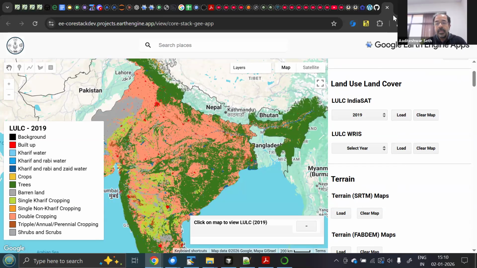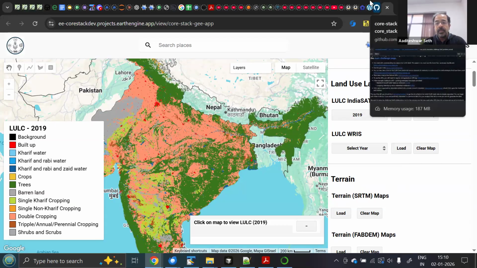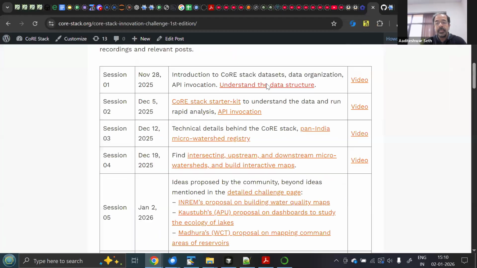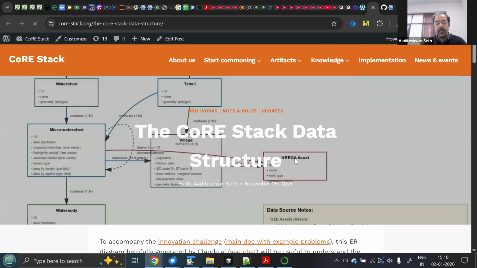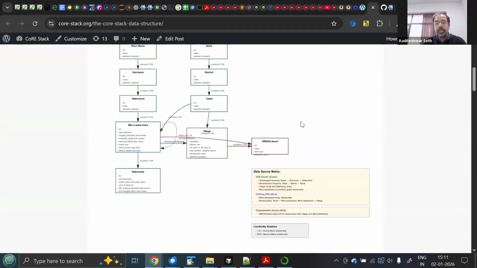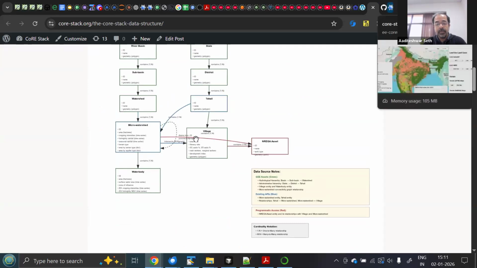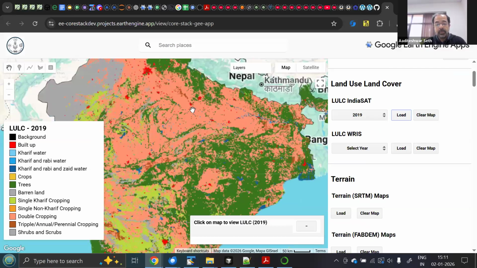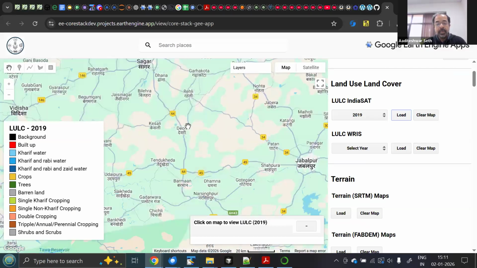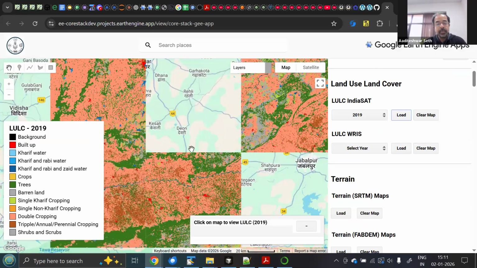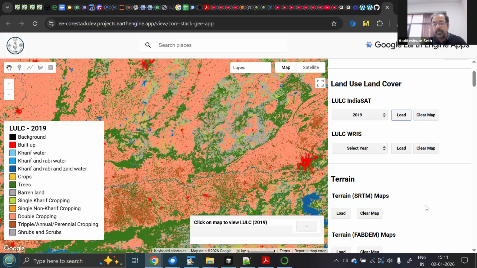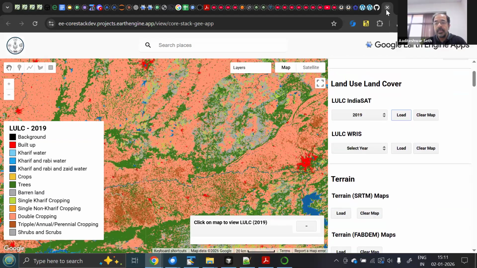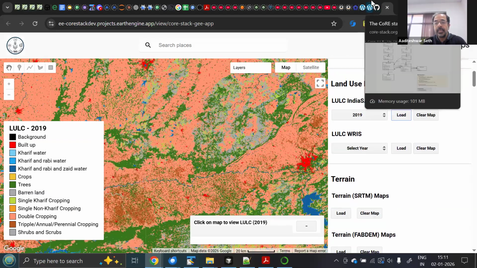Ultimately, the way these different units, watersheds and micro watersheds, are populated is from these kinds of assets: on a particular village boundary, how much area is plain, how much area is under shrub and scrub and so on. That's how all of these things come up. So you can use some of these to understand what those underlying datasets are.